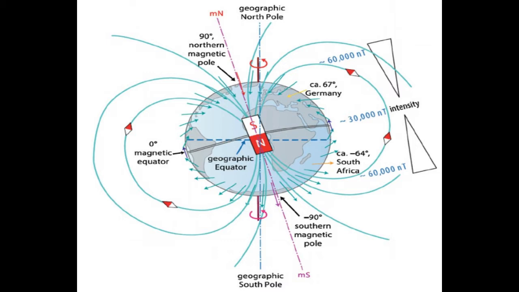The strength of a magnetic field is measured in flux and flux density, which is flux per unit area. Flux density units are Gauss or Teslas. 1 Tesla equals 10,000 Gauss. 1 millitesla equals 10 Gauss. A small rare earth magnet has a flux density at its face of about 400 millitesla.